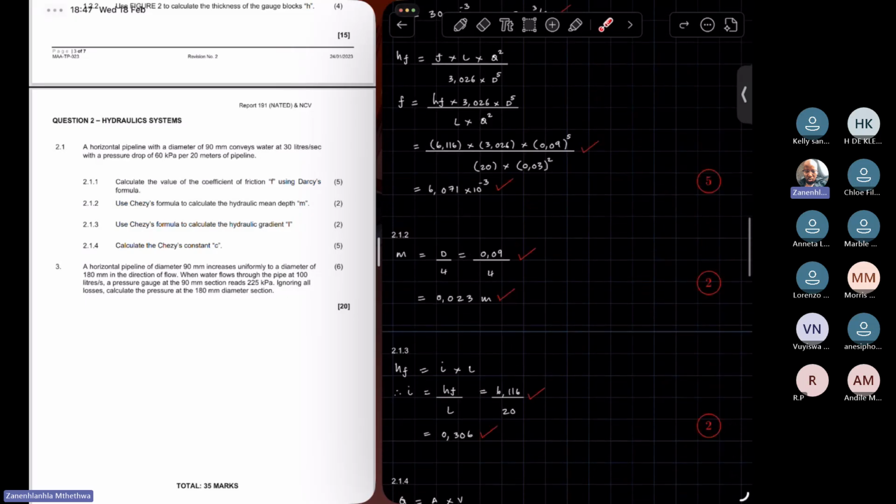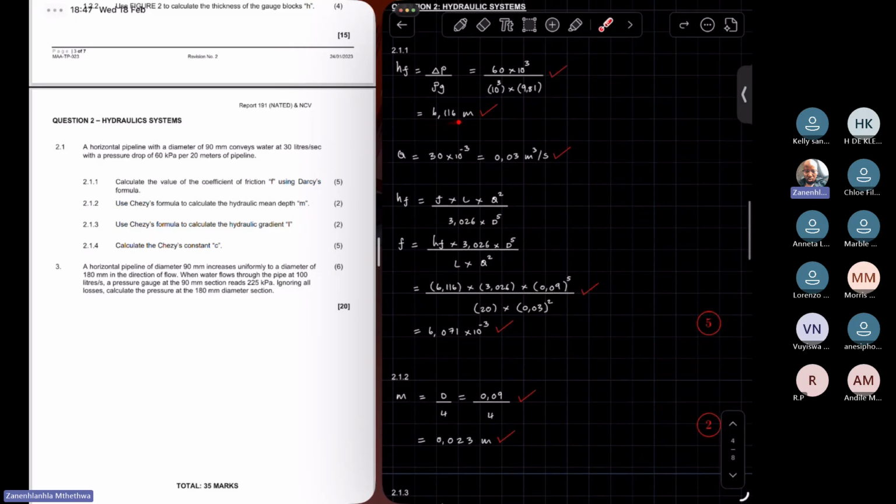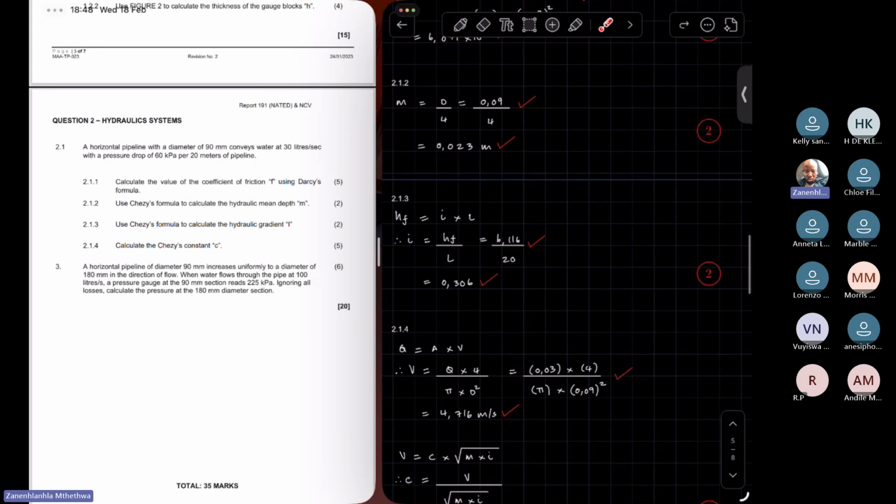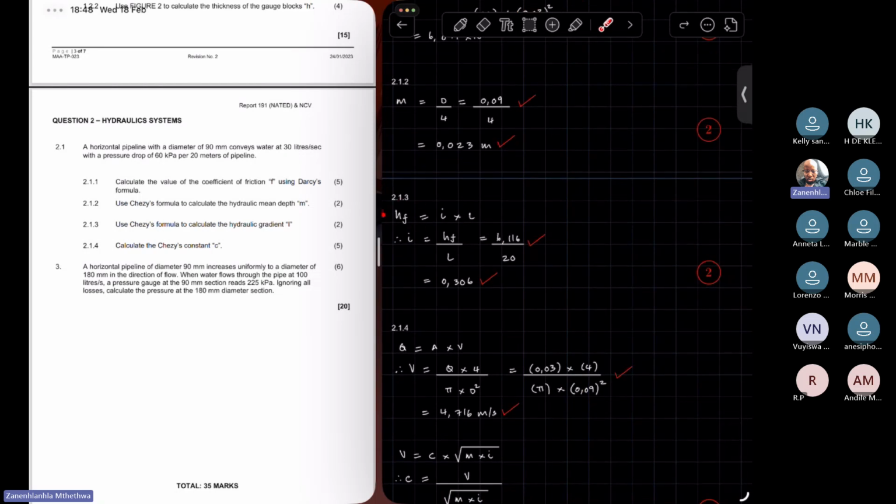So bearing that in mind, having calculated HF here, in using Chezy's formula to calculate the hydraulic gradient, I, we already have HF, and of course we have the length of the pipe, which is that 20 meters of pipeline. So you simply manipulate this, making the hydraulic gradient the subject of the formula.